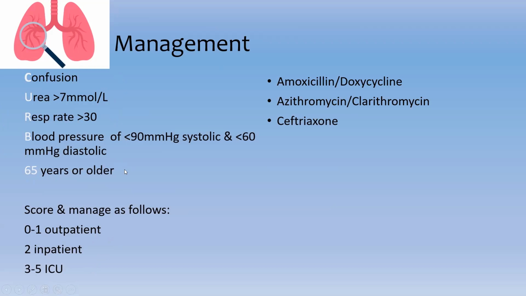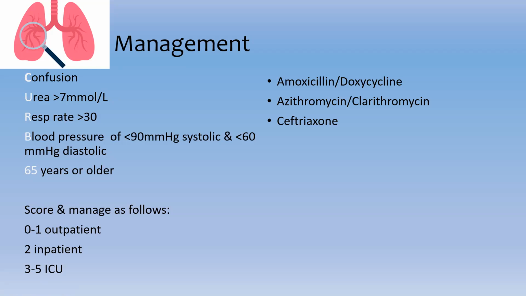So let's go on. Confusion comes about if your patient appears disoriented or has loss of consciousness or just impaired consciousness. Then we look at the serum urea. If it's greater than 7 millimoles per liter, or your blood urea nitrogen, your BUN, is greater than 20 milligrams per deciliter, then yeah, it's a bit tricky. It's looking bad.